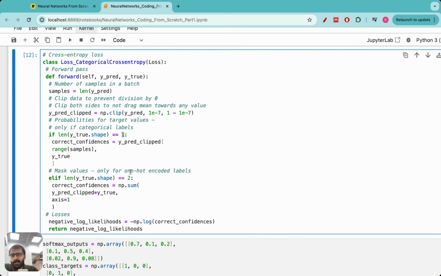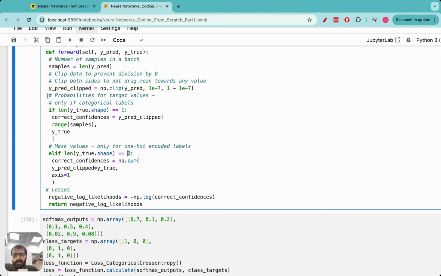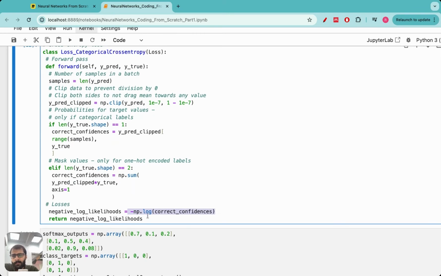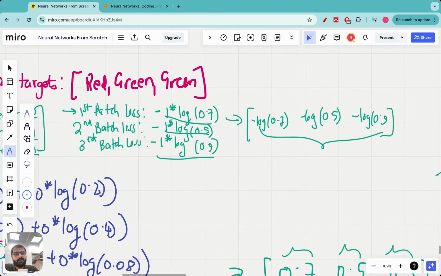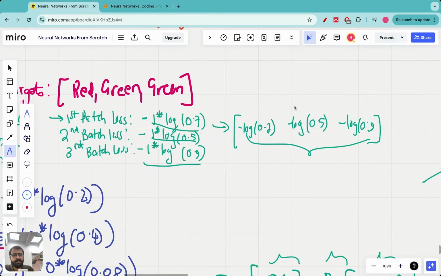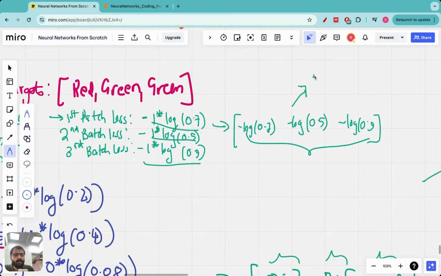Whether the shape of the true labels is 1 or 2, whatever is the result, we take the negative of the log and then return what is called the negative log likelihood. So when you take the negative log of every element, the matrix which you get is also called the negative log likelihood.